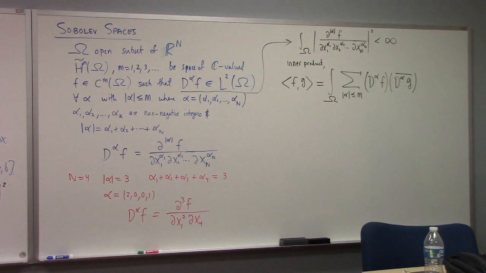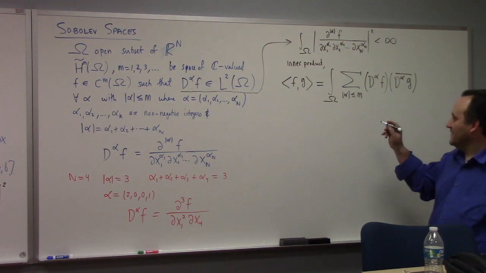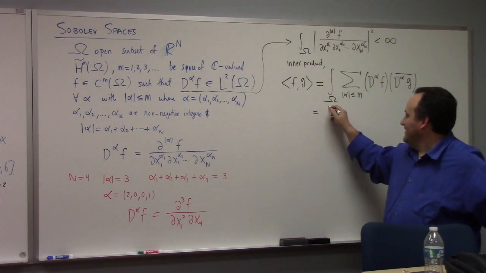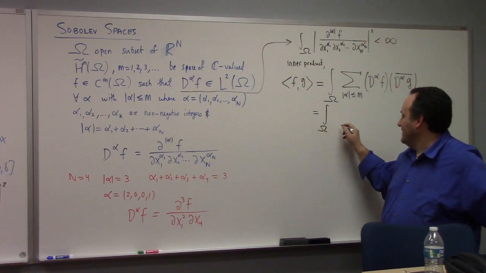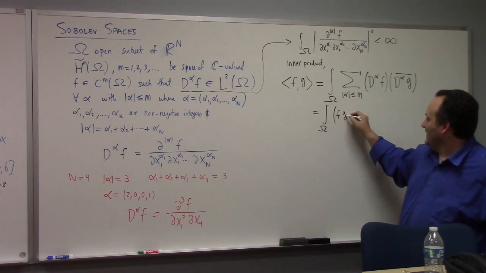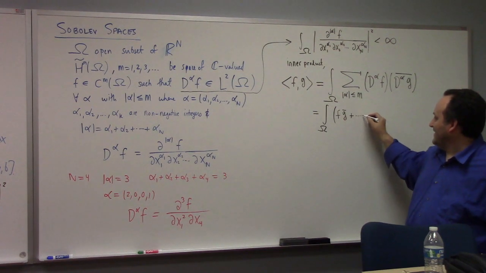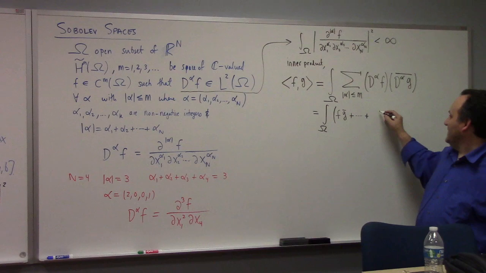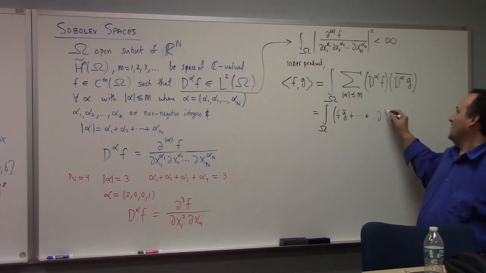At zeroth order, this is the integral over omega of f times g bar, plus dot, dot, dot, plus the mth order derivative terms.